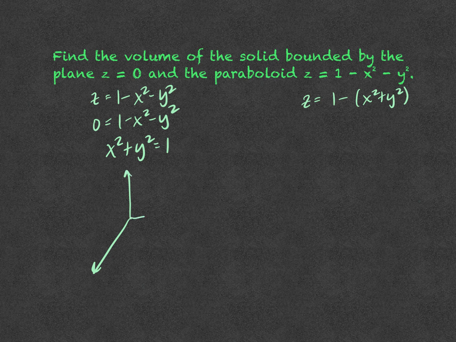I don't know that I can draw it, but I think I'll try for you. So we're going to go out 1 and out 1 and up 1. We're going back 1 and we're going back 1. And yeah, I'm not going to draw it well. And then it's a dome coming down in that area.